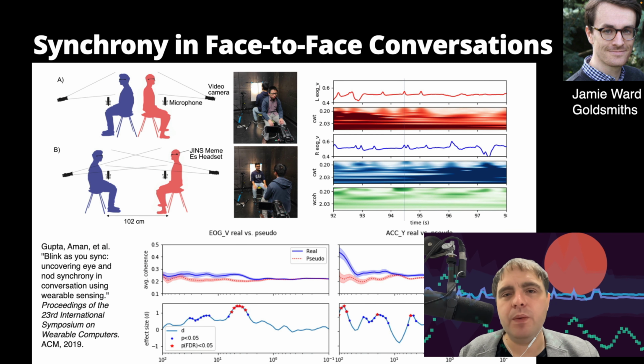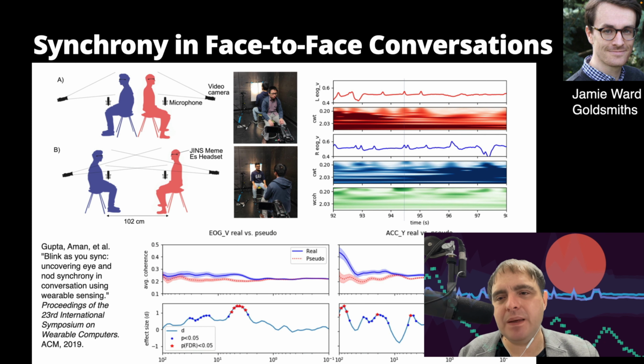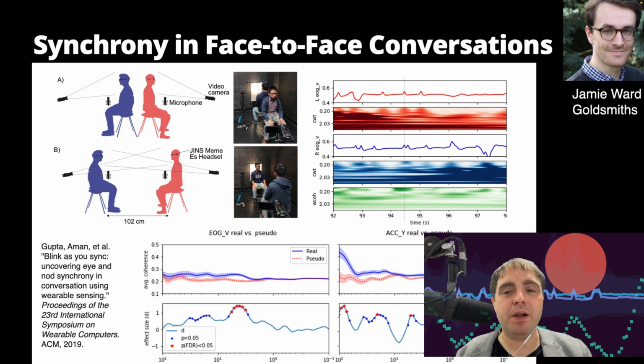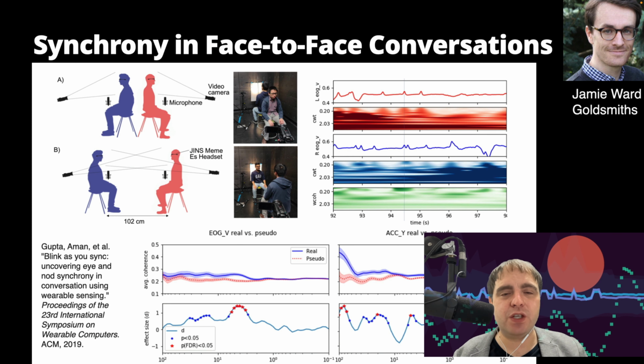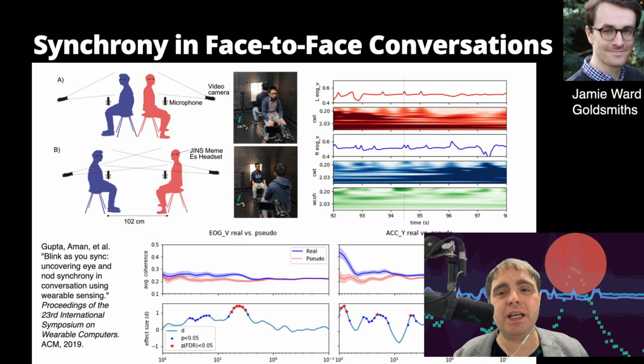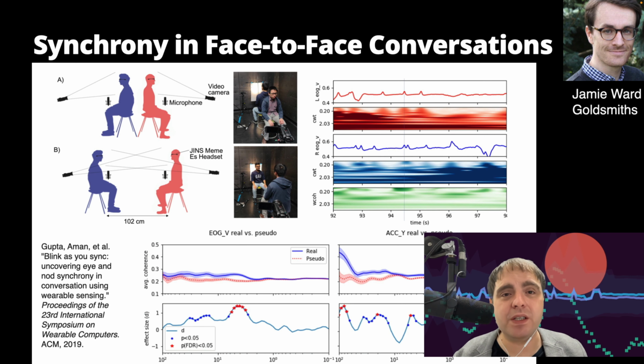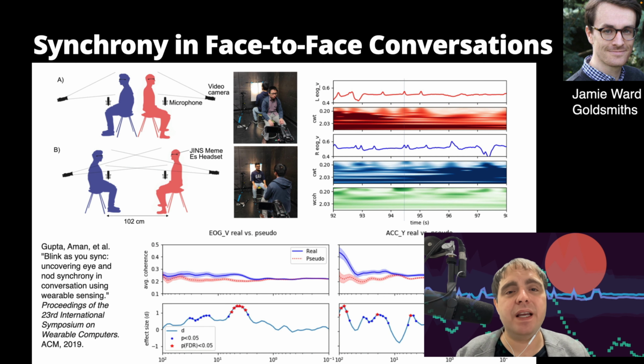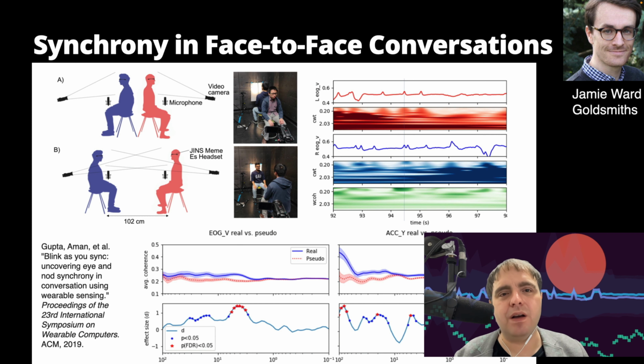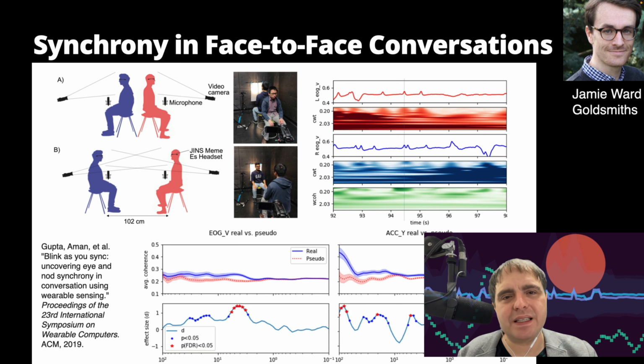And so we were using JINS MEME for some recordings where people did a face-to-face conversation, and also turning their backs to each other and having similar conversations. We could see, of course, if you're sitting face to face, there's more interpersonal synchrony in the head nods using the glasses as sensors, and also in the eye blinks.